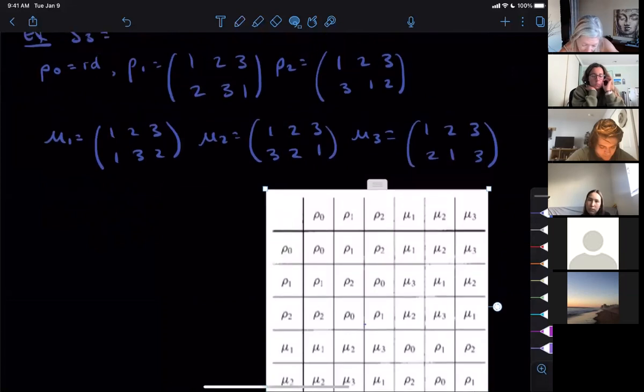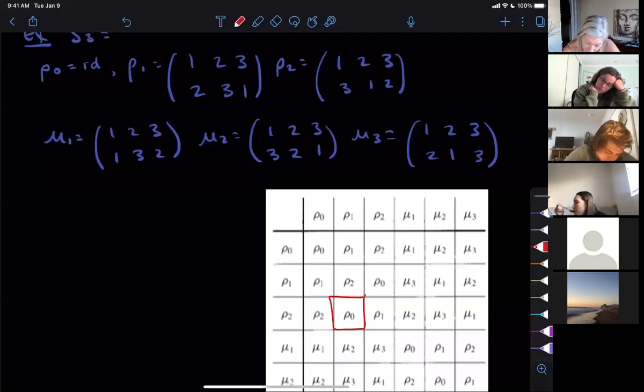So for example, what happens if I do row 1 and then row 2? I'm looking at this element of the table, which is row 1 times row 2 times row 1. In other words, do row 1 first. So who goes where? 1 goes to 2, and then 2 goes to 1.